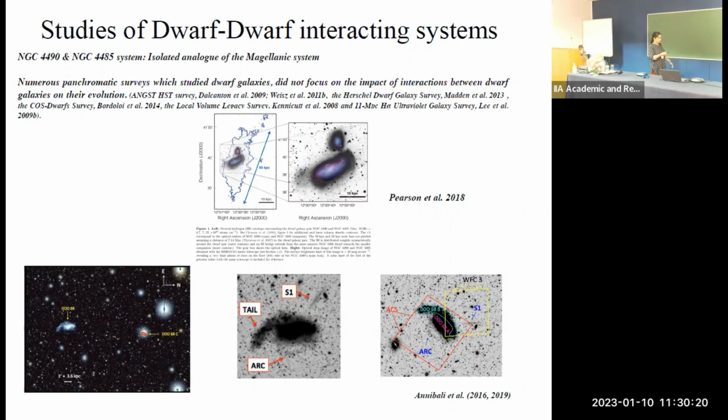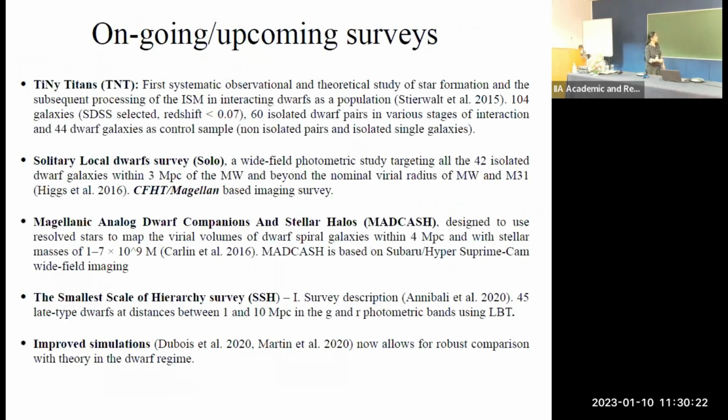But right now there are a lot of surveys coming up, and some ongoing as well, to understand these effects, mostly in the local volume and in the mass range of 10 to the power 9 solar masses, with CFHT, Subaru and LBT. And there are also other studies coming up.